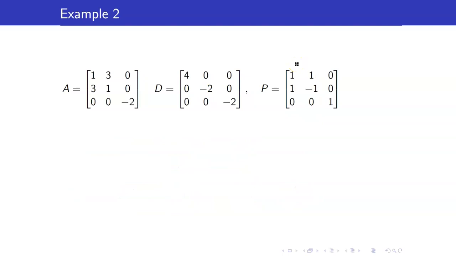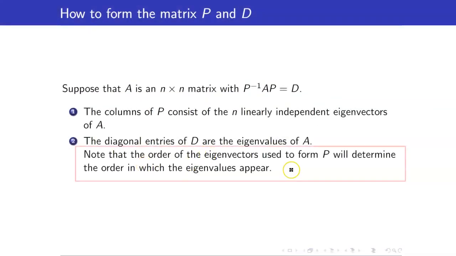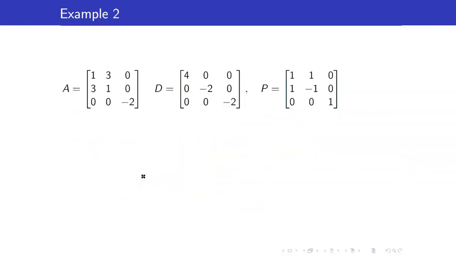Here's another example. Now, just to reiterate, the order of the eigenvectors used to form P will determine the order in which the eigenvalues appear. Suppose I take my D to be (-2, 4, -2). How do we now form our matrix P?